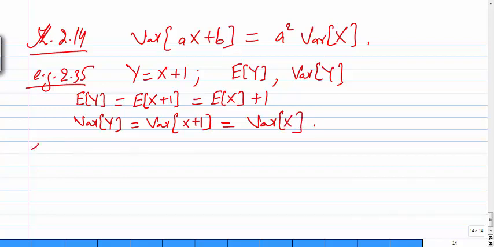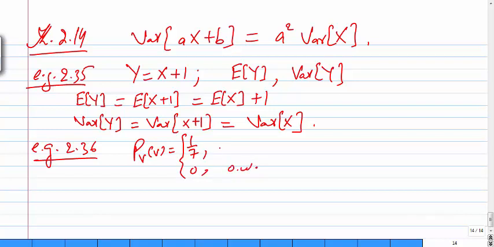Now let's look at another example, 2.36. The PMF given to us of the voltage is 1 by 7 when V is minus 3, minus 2, up to 3, and 0 otherwise. A new voltmeter records the amplitude U in millivolts.